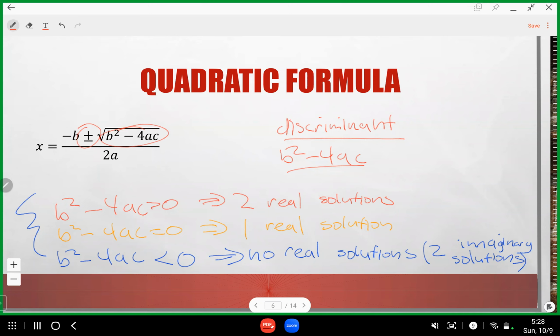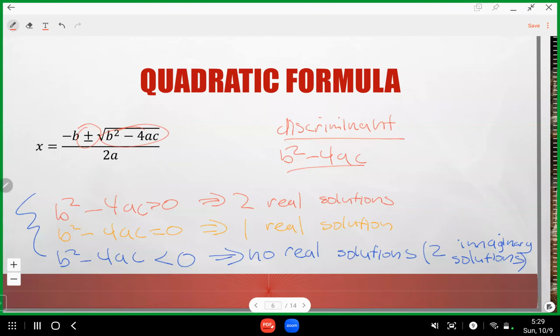Whether you add it or subtract it from any number, it doesn't change. So essentially, if b squared minus 4ac is equal to 0, then the solution is just negative b over 2a. That's why if it's equal to 0, you have one solution.